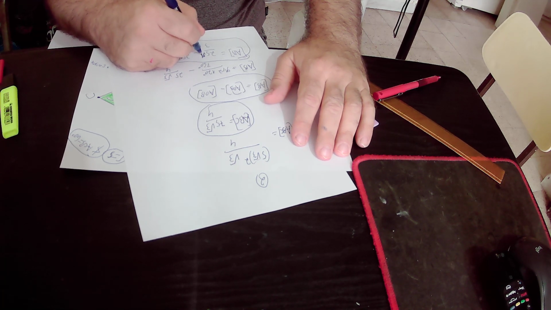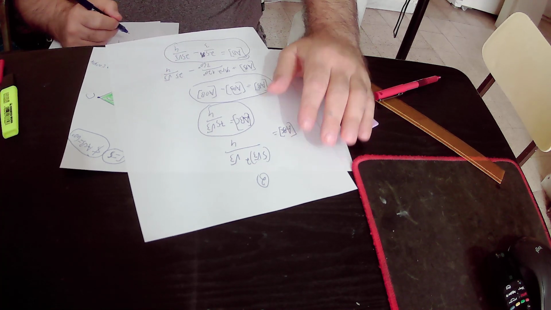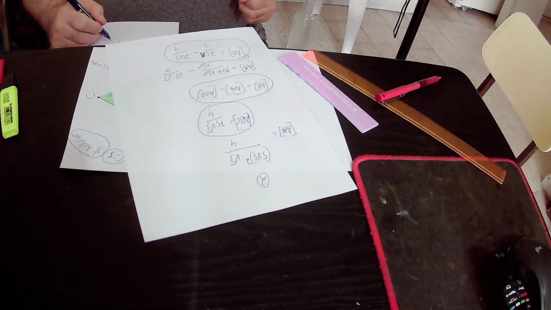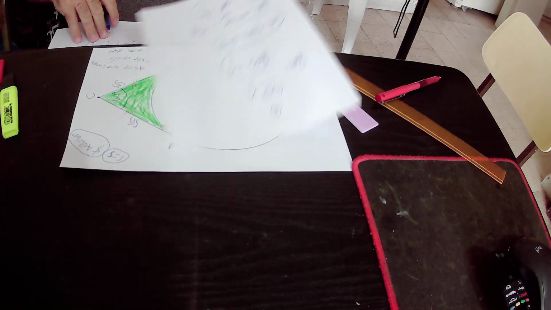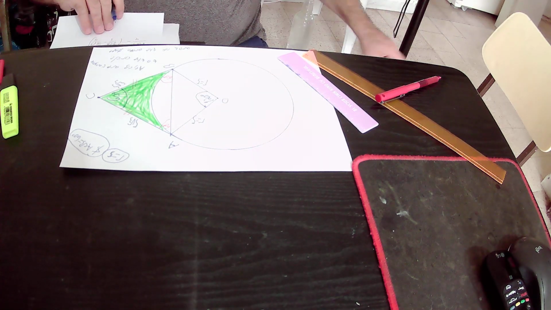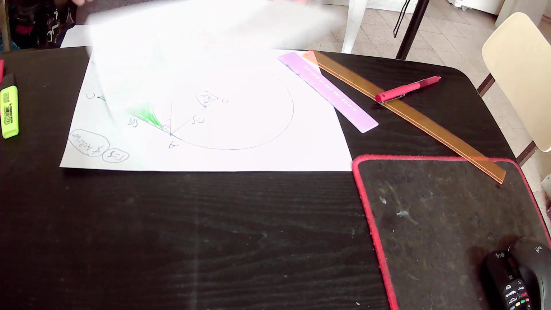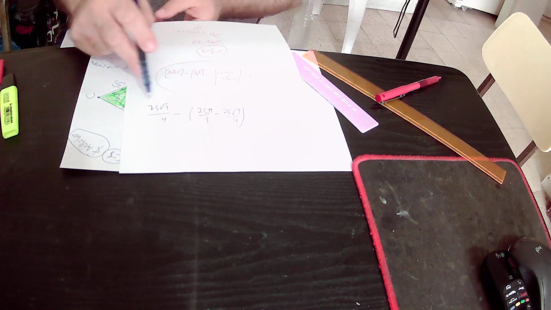The area of sector AOB is 25 pi over 3 square units, minus 25 root 3 over 4. So the area of the green shape equals this expression.